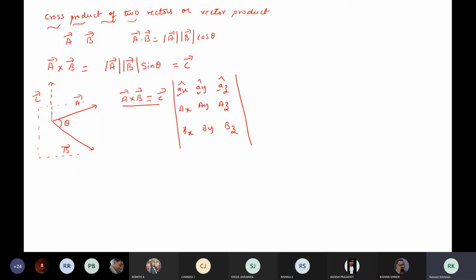So we'll be seeing a little more about EM waves also. What are EM waves? So this is about the chapter. CO means course objectives. Okay, students, with that, let us proceed to the next one.